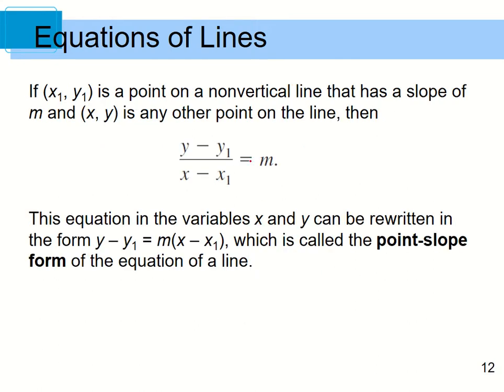Now, since the slope is defined as y1 minus y2, the difference of y divided by the difference of x, therefore, we can use the same concept to find the equation of a straight line.